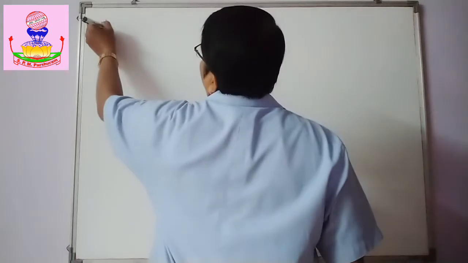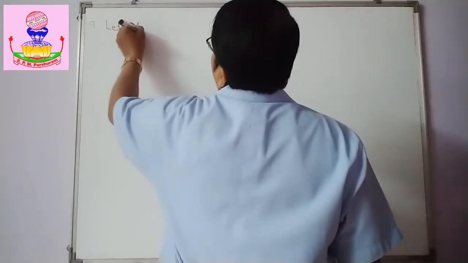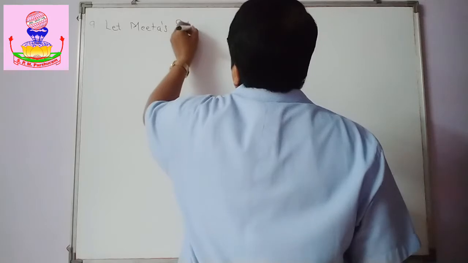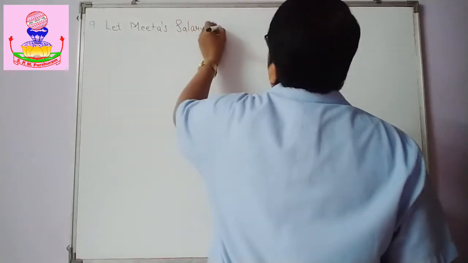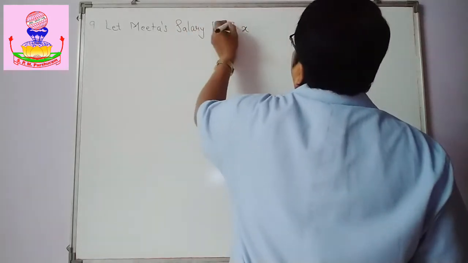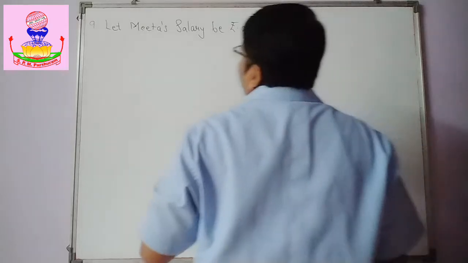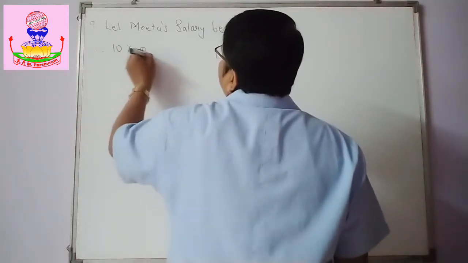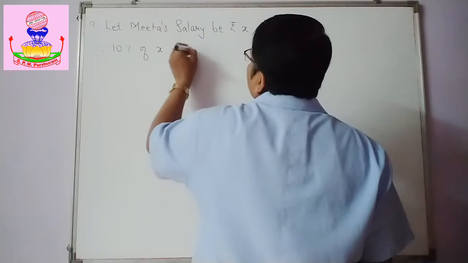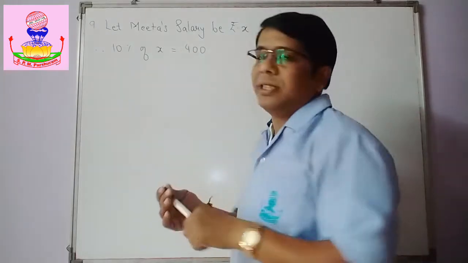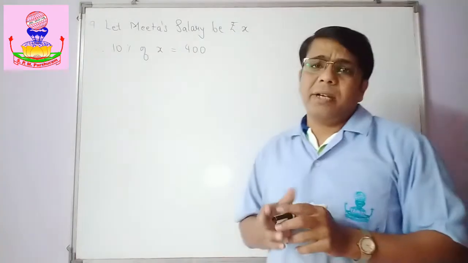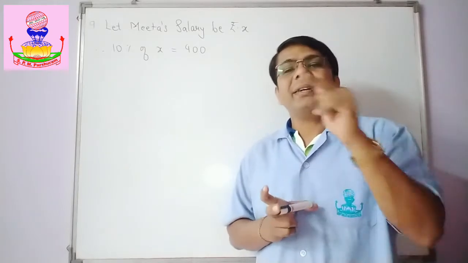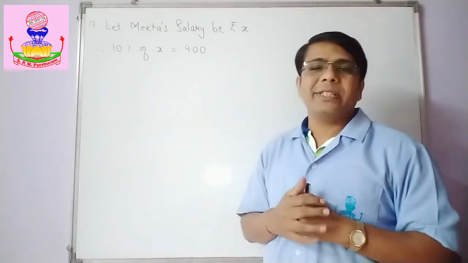Let Meeta's salary be rupees X. Therefore, 10% of X is equal to 400. Now I have put this in an equation. What they have said: 10% of her salary she saves, and that amount is equivalent to rupees 400.